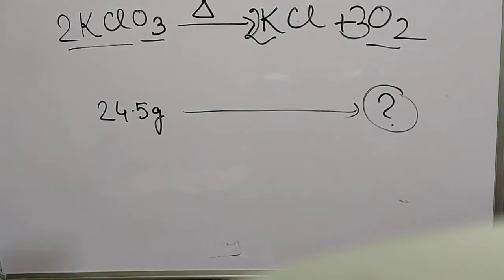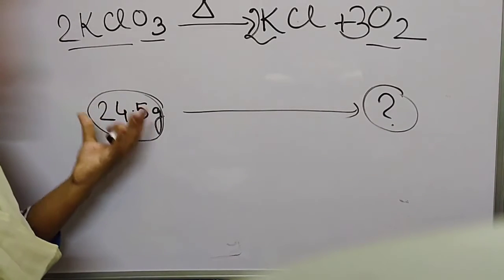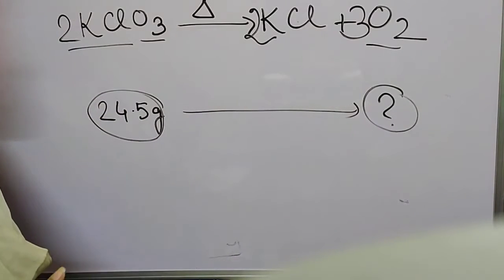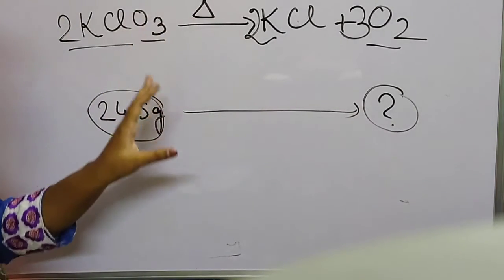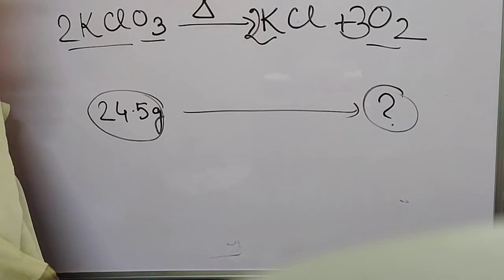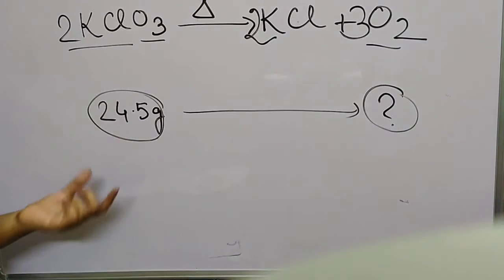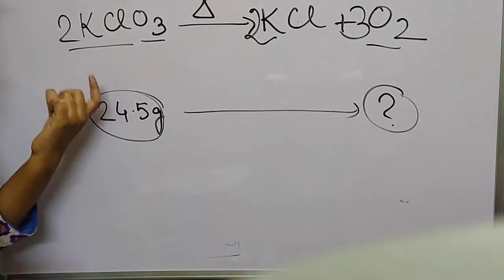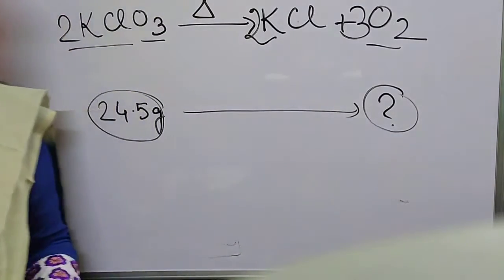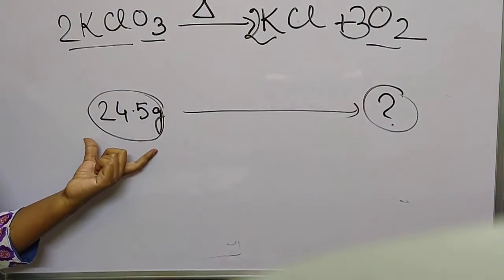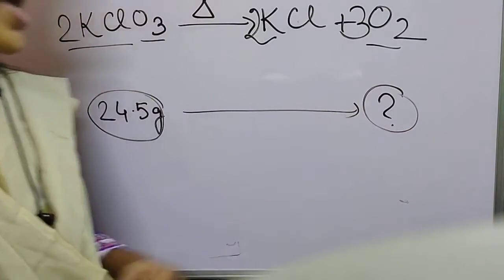So first, by reading the question, you have to identify the masses of which substances are given. All the substances are not required for answering the question. So you just have to identify the mass of which substance is given and the mass of which substance you have to calculate.